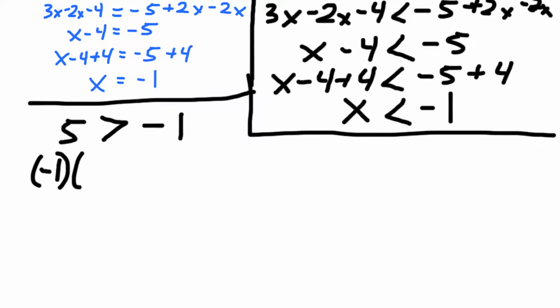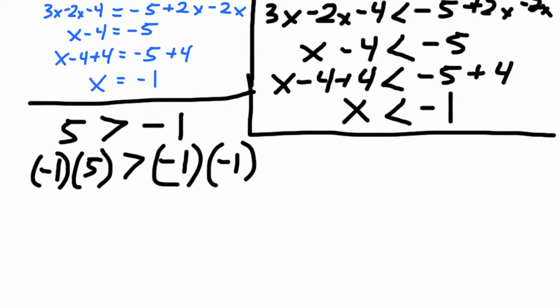So negative 1 times 5 is greater than negative 1 times negative 1. Or is it? This becomes negative 5, and that becomes 1. So actually negative 5 isn't greater.